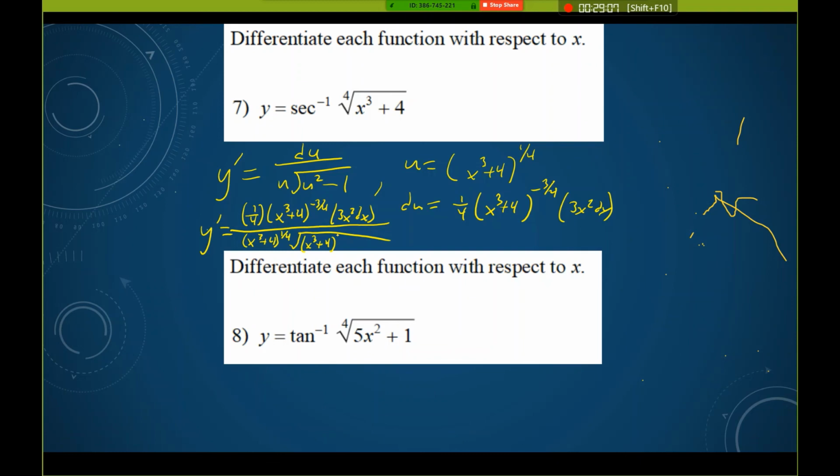The 3x squared dx can stay on top, times the square root of x cubed plus 4 to the 2/4 power, which is 1/2, minus 1. Any questions on this one?